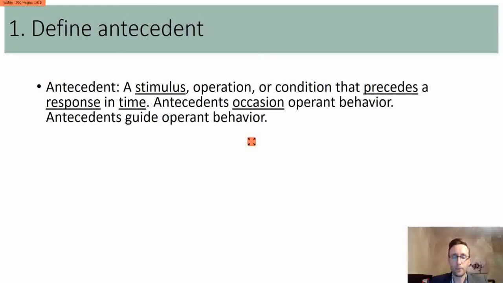In the unit on behavior and environment, we talked about how stimuli can be classified either structurally, temporally, or based on function. So calling a stimulus an antecedent is a temporal classification. We're specifying that this stimulus, operation, or condition occurs before the behavior occurs, and in fact it sets the occasion for that behavior to occur and can guide it.